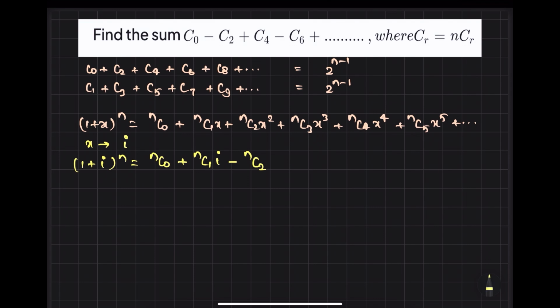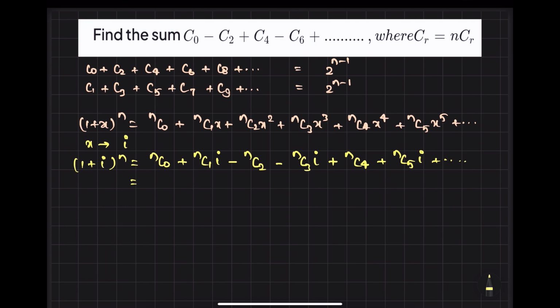Minus iota, so minus of nC3 iota. Now you know that iota power 4 is what? 1, so it will become nC4. Now iota power 5 is iota, so it is nC5 iota. Okay, so this way things will proceed.